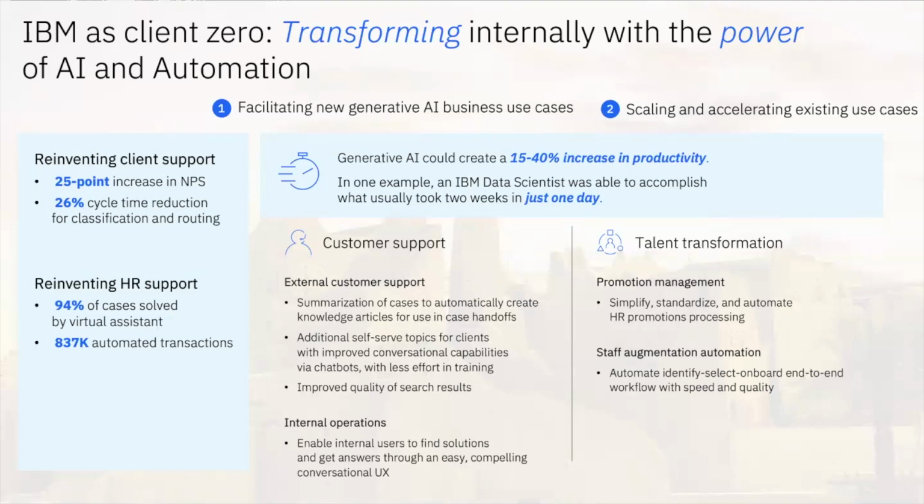We are using it in IT support and ticketing, and this creates a 15 to 40% increase in productivity. And a data scientist in IBM was able to accomplish some work that used to take 2 weeks in one day.